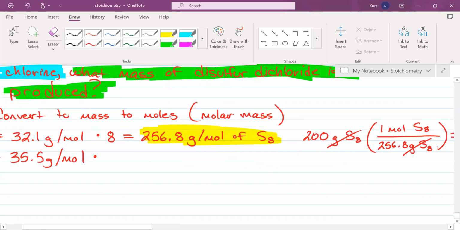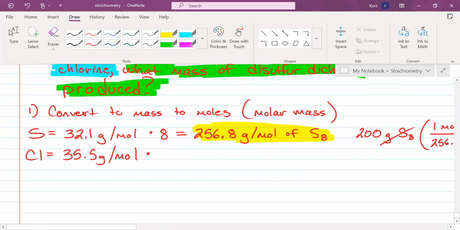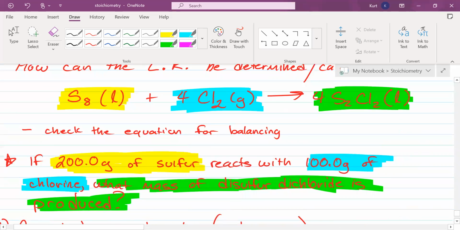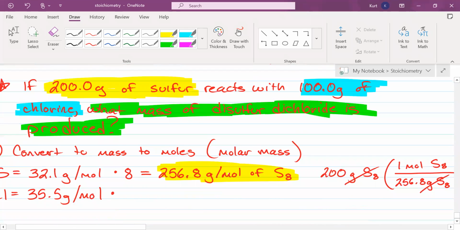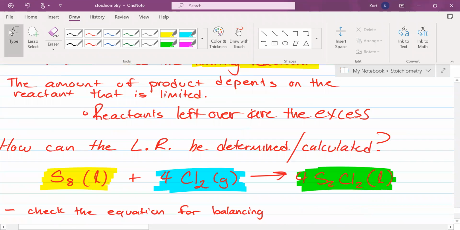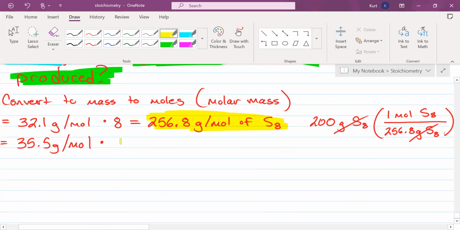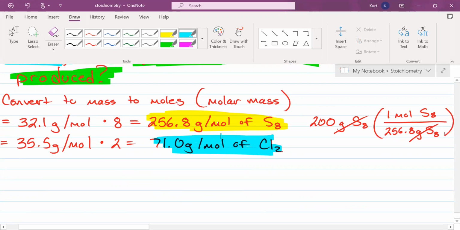Okay? Now, 1 mole of chlorine is 35.5. You have 2 of them. So that is 71.0 grams per mole of Cl2. And that is going to be the substance right there.